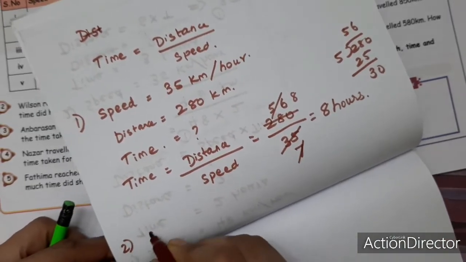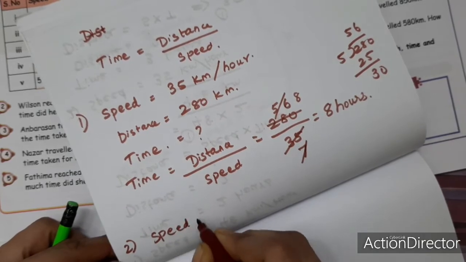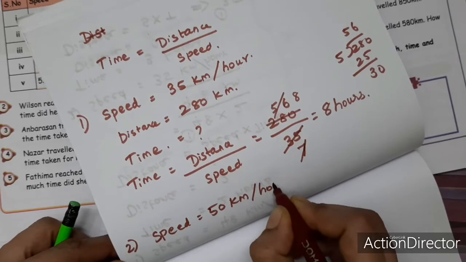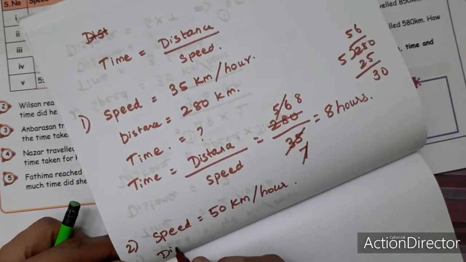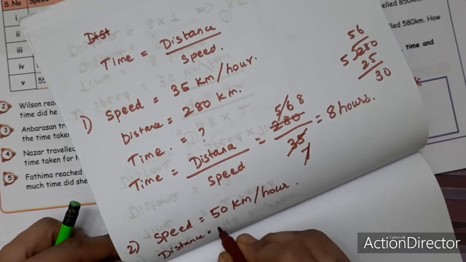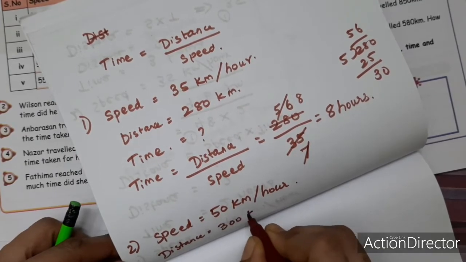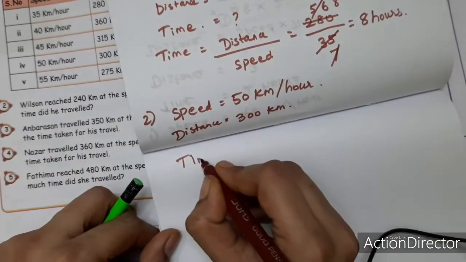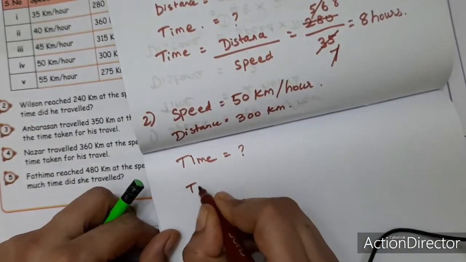Second sum, speed equal to 50 kilometer per hour, distance equal to 300 kilometer. So we are going to find the time. What is the formula for time?